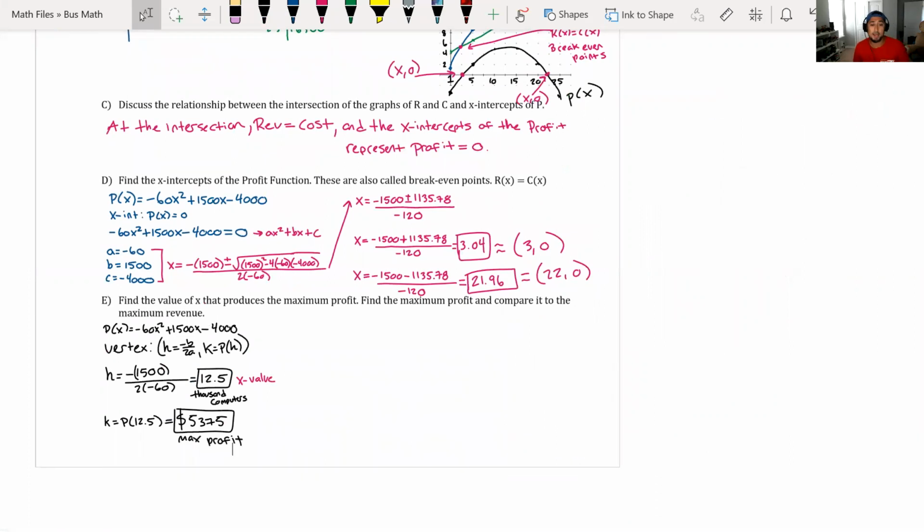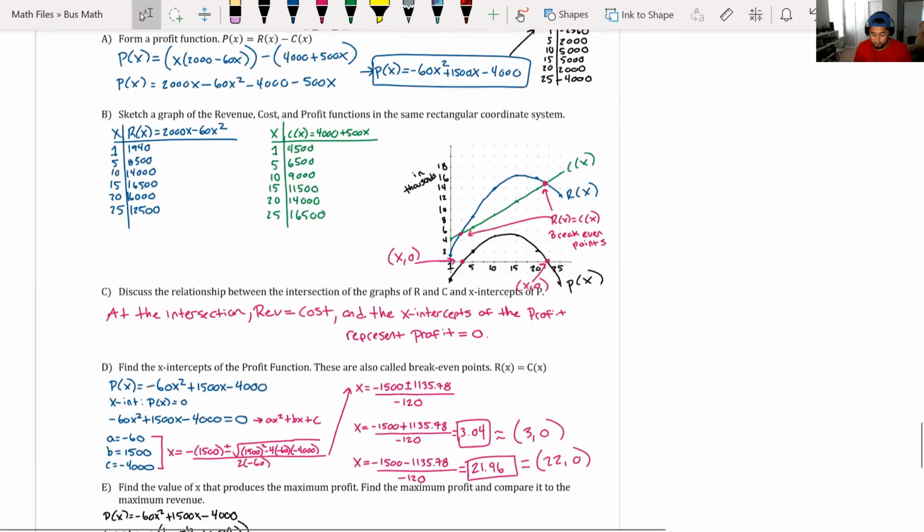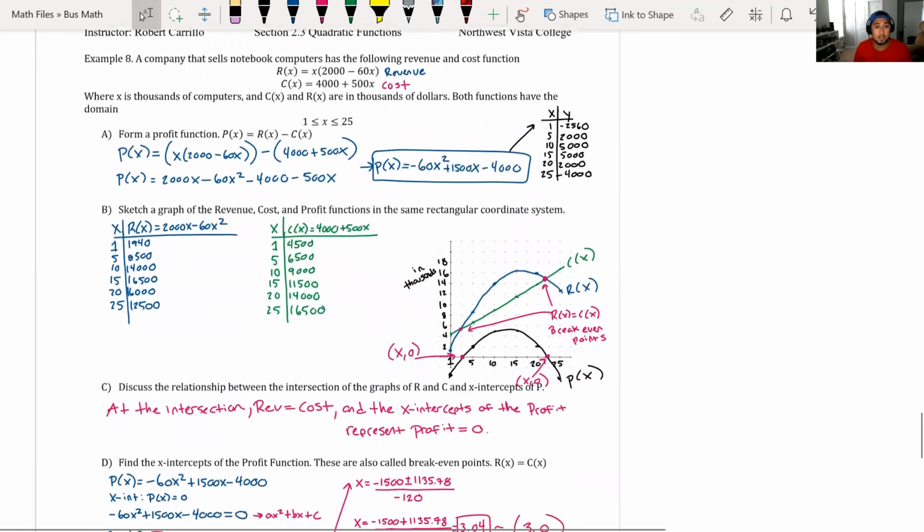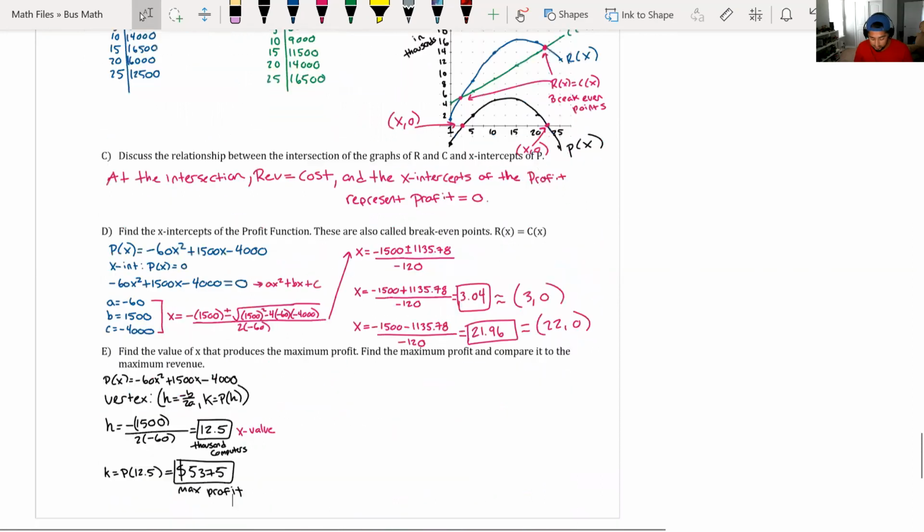Okay, and now let's compare it to maximum revenue. That's all it wants. So which means we have to do the same thing for the revenue function. What's revenue? 2000x minus 60x squared.